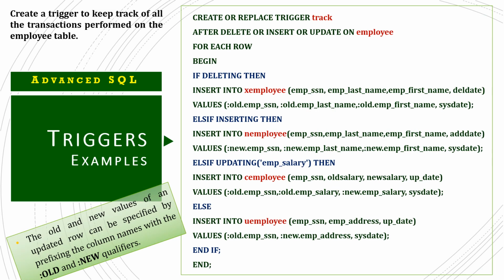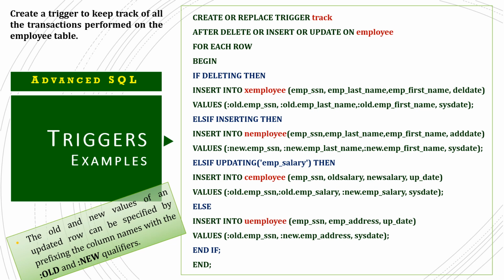Now let's create a trigger to keep track of all the transactions performed on the employee table. Whether we perform any delete, insert, or update operation on the employee table, we have to keep track of all these changes.